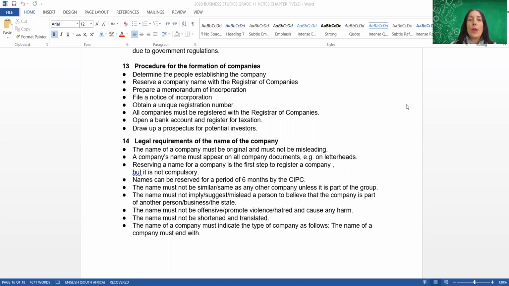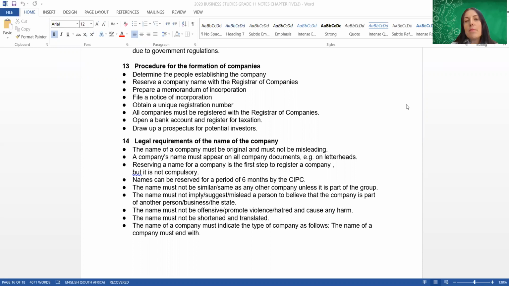If the company is issuing a quotation or an invoice or whatever, any formal documentation, that registration number must be visible, because that also tells the people that you're dealing with that this company is registered with the CIPC and that it has met all the requirements of registration and it's a valid running company.